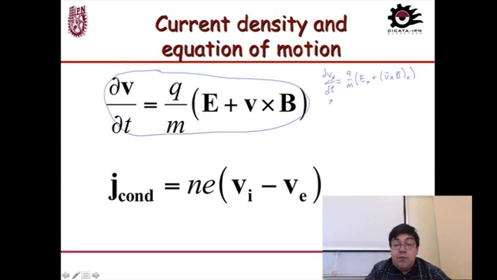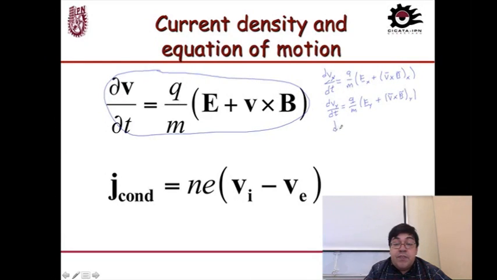Similarly, we're going to have dvy/dt, and that's going to be equal to q over m. Again, that's not changing because those are constants of the particle that we're talking about. And then we're going to write down Ey, which is the y component of the electric field, plus again my v cross B product, but now I need to extract the y component.